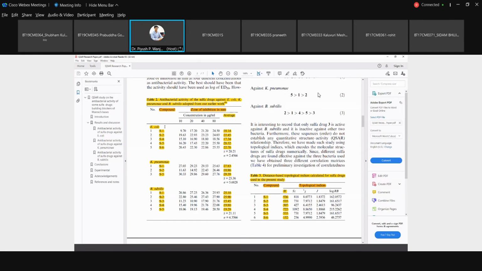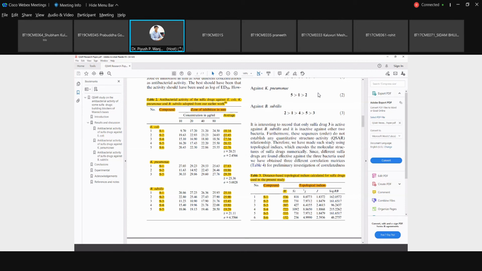So for all the three bacteria, for each and every drug, you can see the values. Now you have the values of X from your earlier assignment number 2. In this paper they have given different topological indices, but in our case we have chosen different molecular descriptors like log P values, molecular weight, the binary index, and one more, maybe van der Waals radius or van der Waals volume.